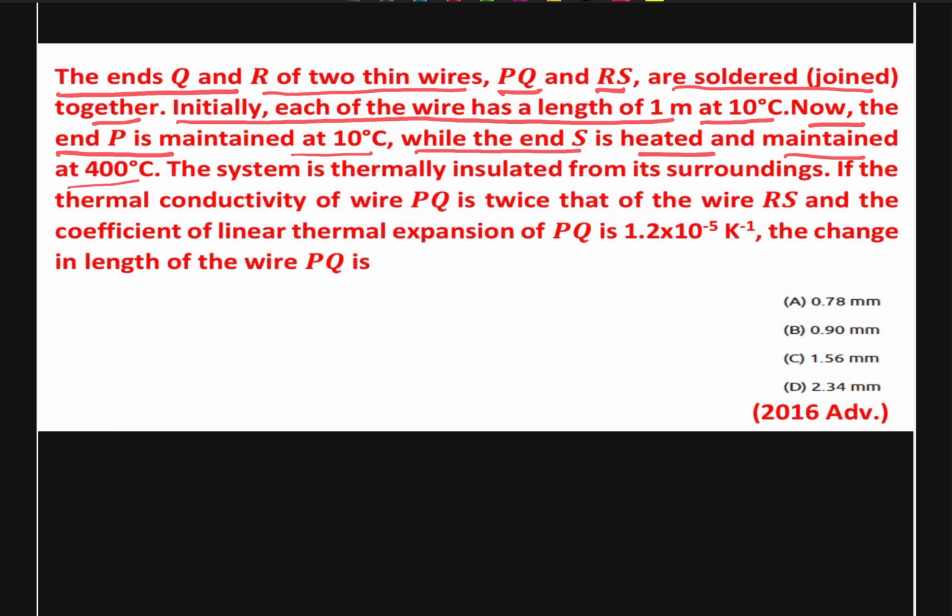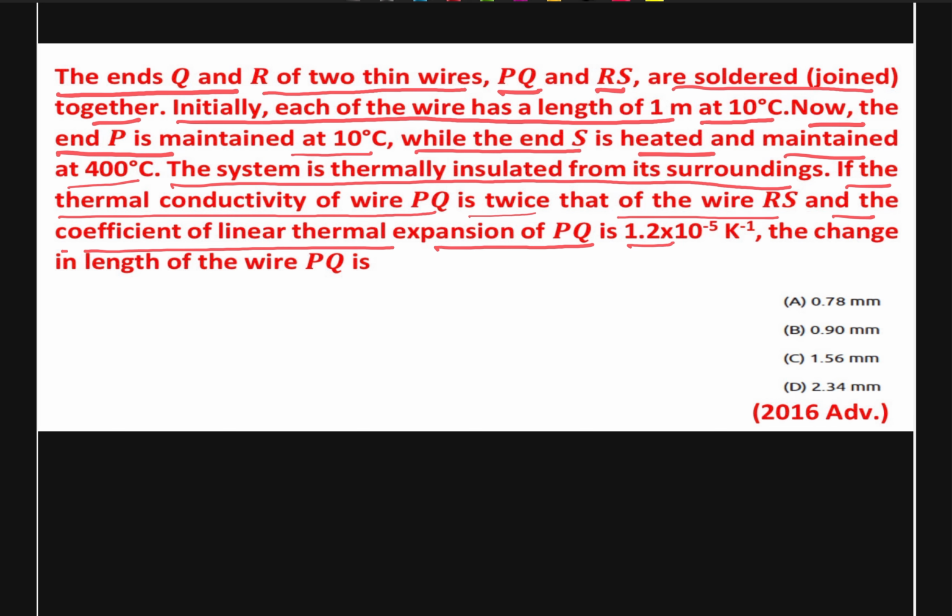The system is thermally insulated from its surrounding. If thermal conductivity of the wire PQ is twice that of the wire RS and the coefficient of linear expansion of PQ is 1.2 into 10 to the power minus 5 per Kelvin, the change in the length of the wire PQ is.